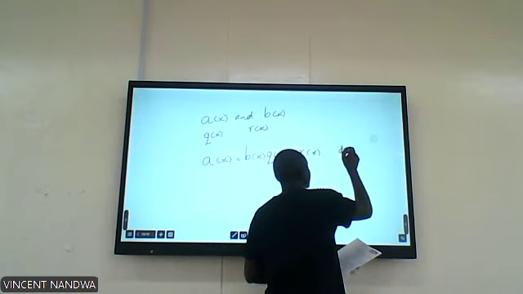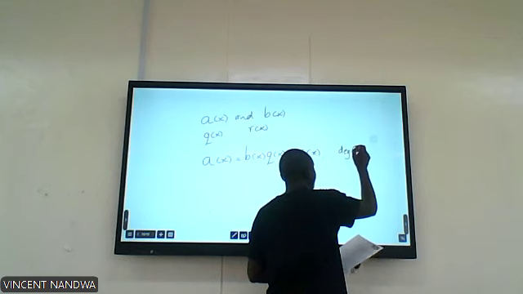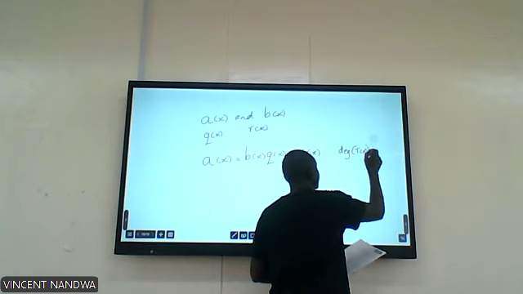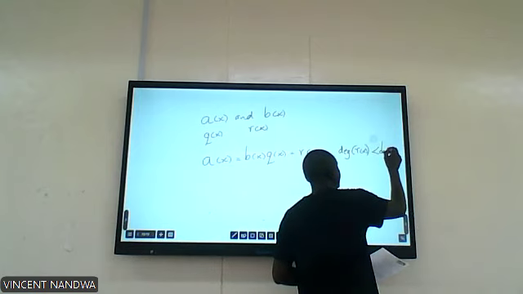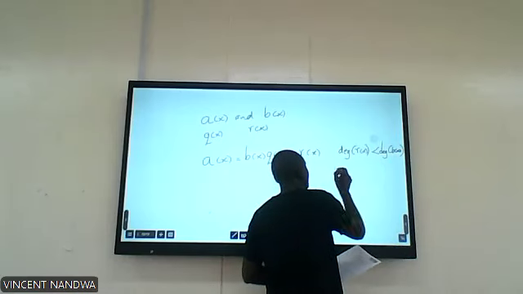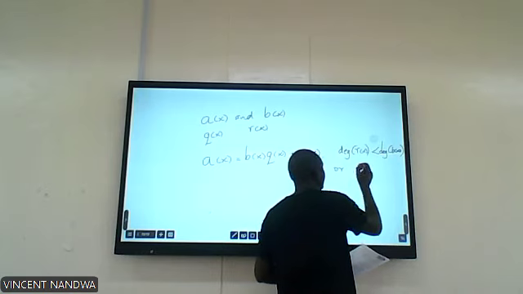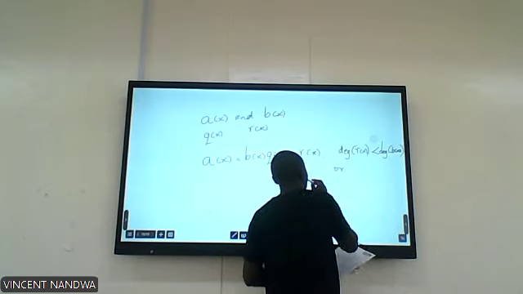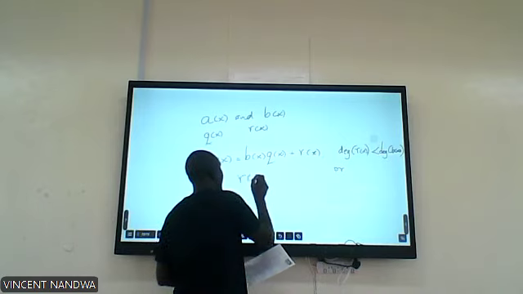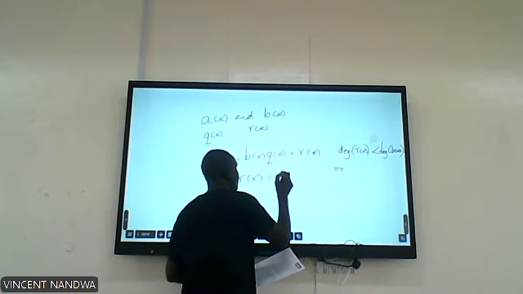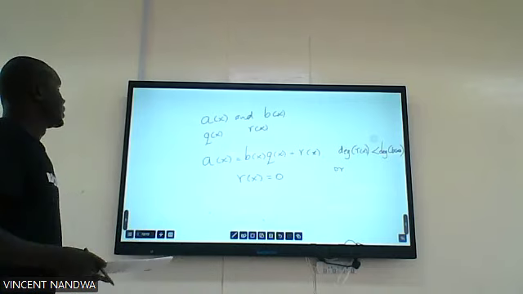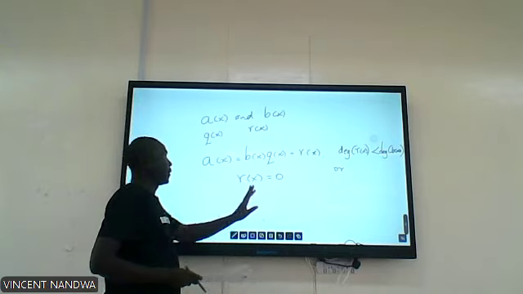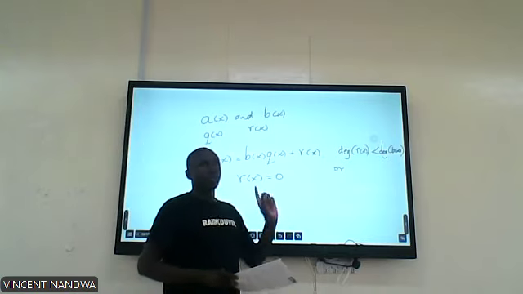And then the restriction here is that the degree of R of x must be strictly less than the degree of B of x, or this remainder polynomial R of x must be equal to 0. So this is what you have.